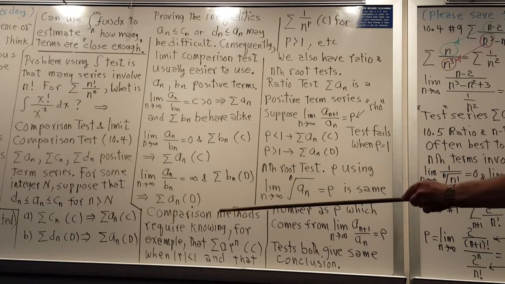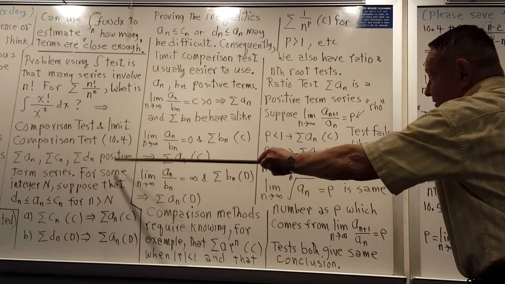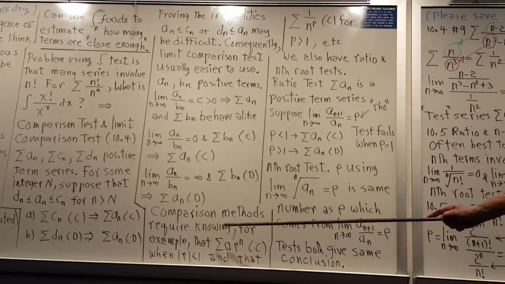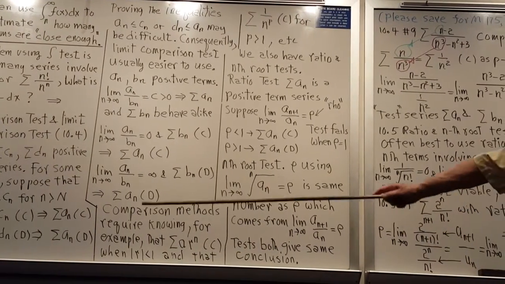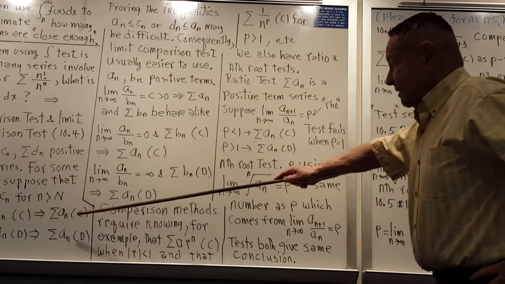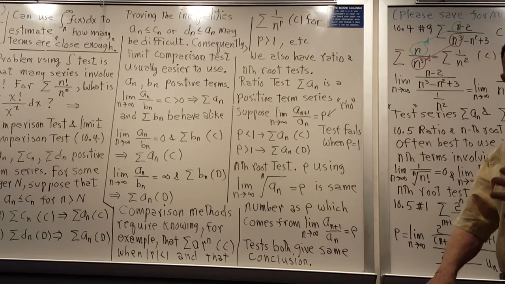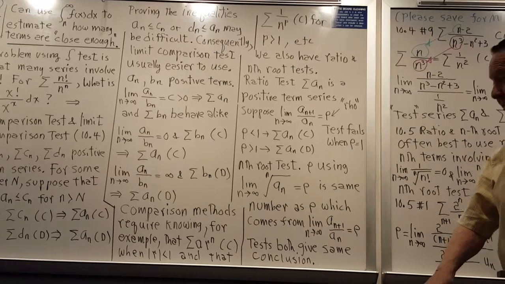So what you need for these comparison methods is to know what the series you're using for your comparison does, converges or diverges.